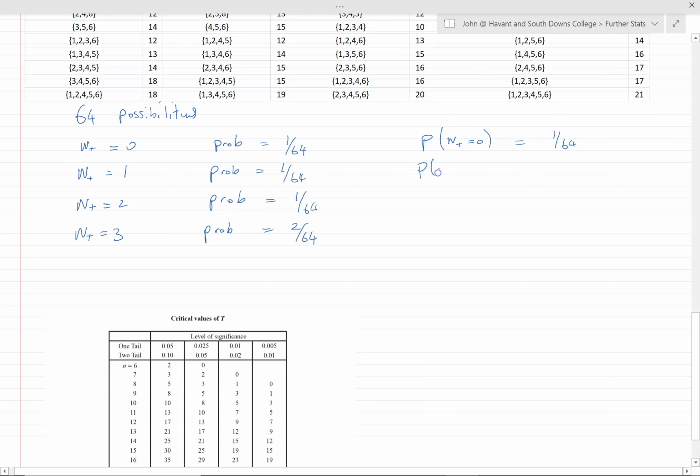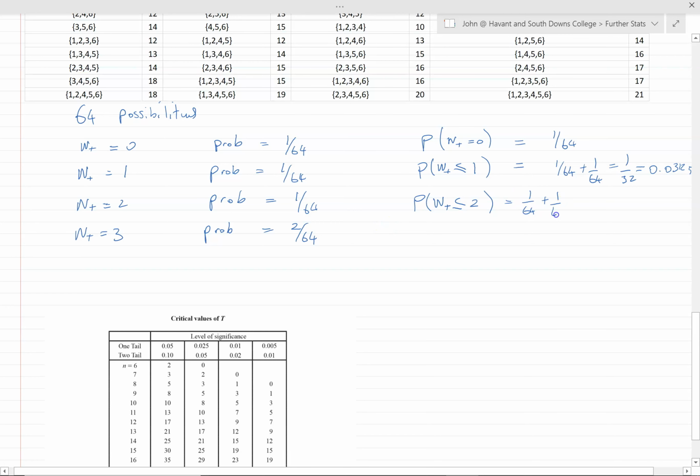The probability that W plus is less than or equal to 1, which would correspond to a critical value of 1, would be 1 over 64 plus 1 over 64, which is 1 over 32, which is 0.03125.